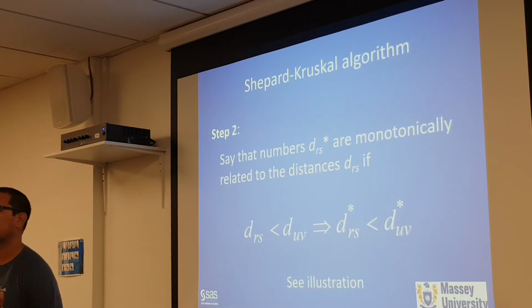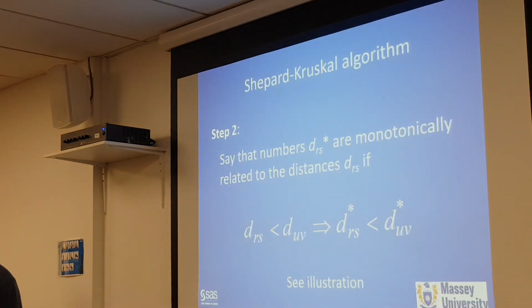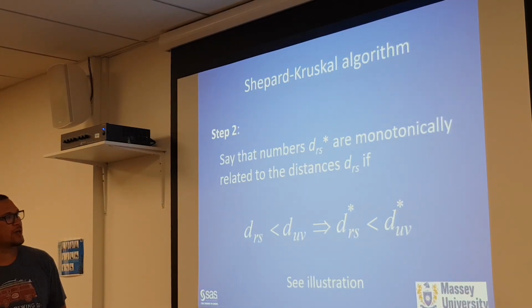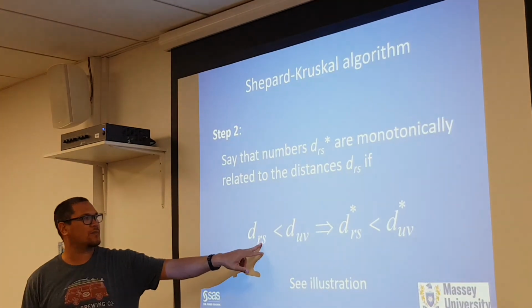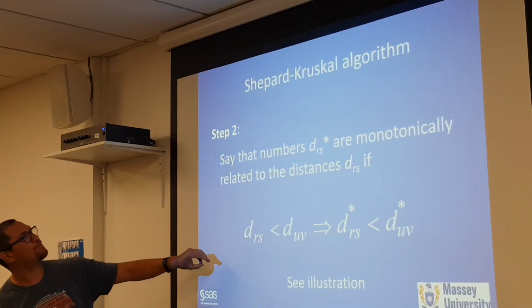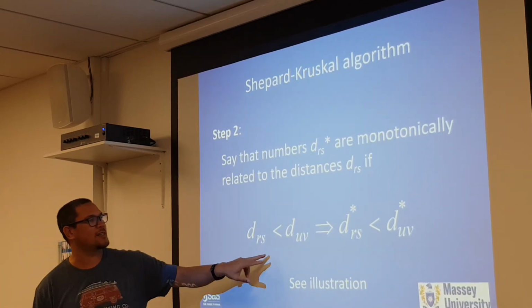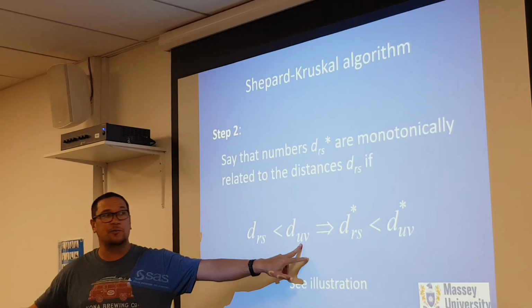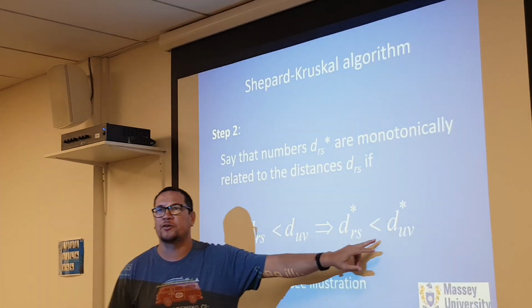Right? And we're going to say that these ranks are basically monotonically related to the actual distances in the full dimensional space. So we're going to say, hey, look, in this map that we've got, if in fact the distance between R and S is less than the distance between U and V in the full dimensional space, we want that to show. We're going to say that hopefully the ranks are going to show that as well.